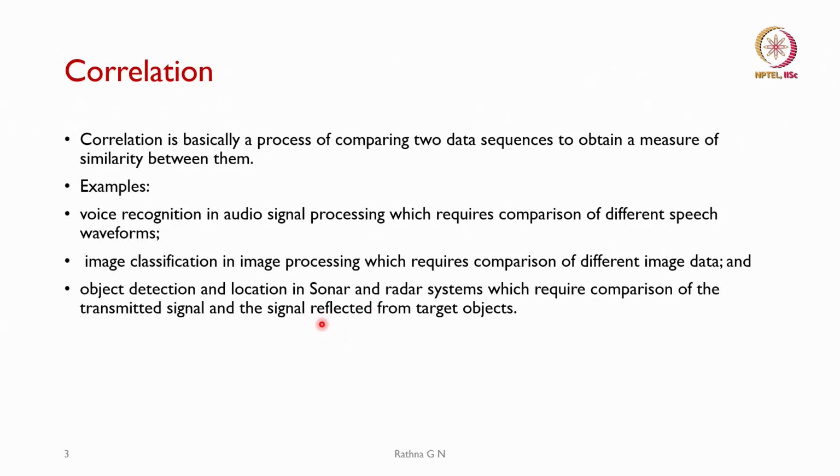In the same way, in sonar, which is in the sea area, there are submarines and other things. Signals are sent through radars basically, and the reflected wave which comes back you have to process, and then see what correlation it has with the template we have.